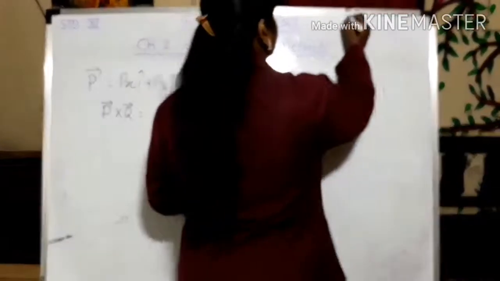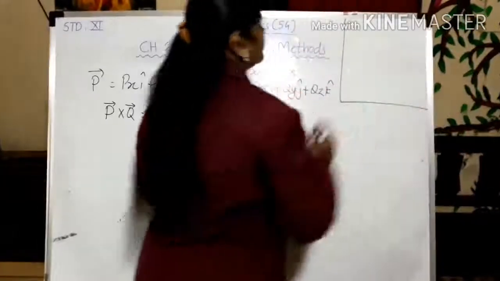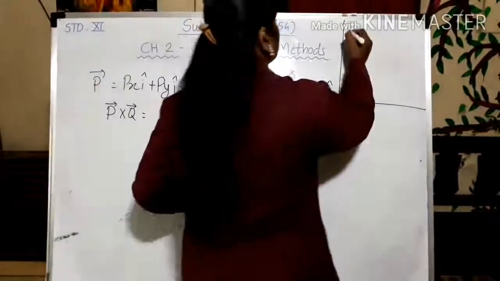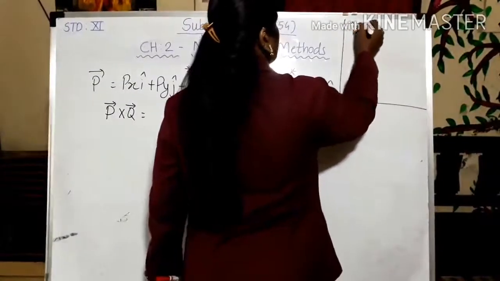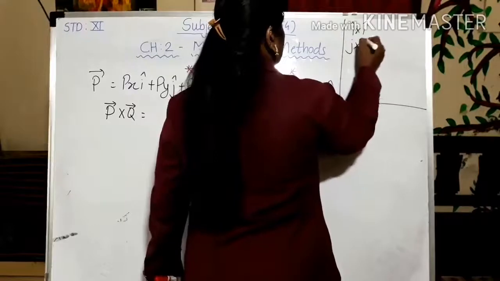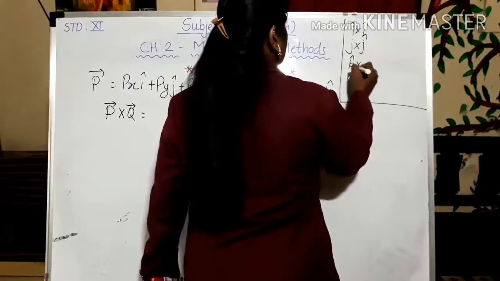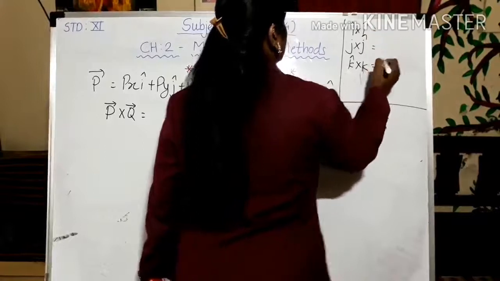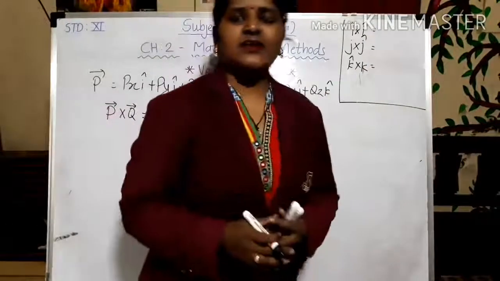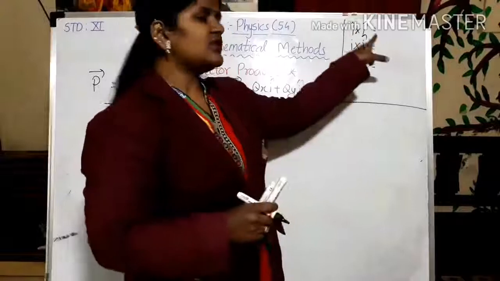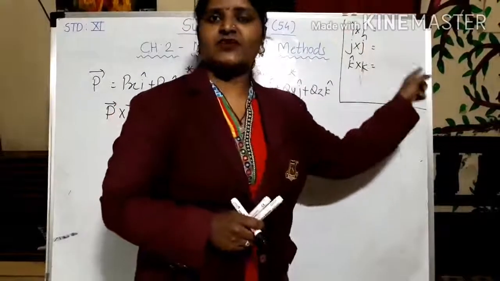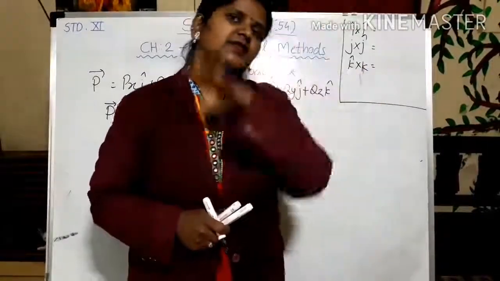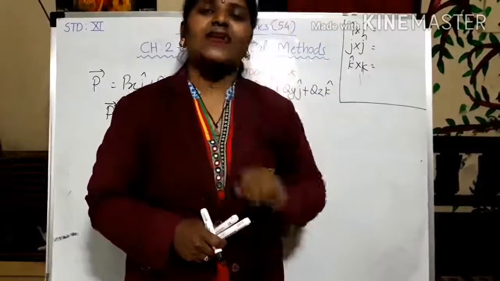So I will just write here what will be i cross i, j cross j, k cross k. Whenever you were studying scalar product, i dot i, j dot j and k dot k was 1 and otherwise the product was 0.